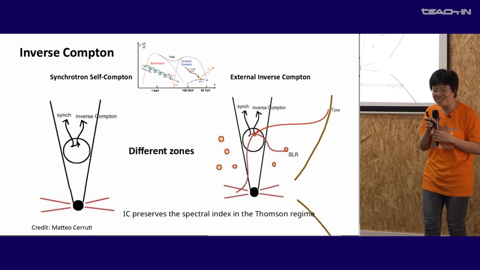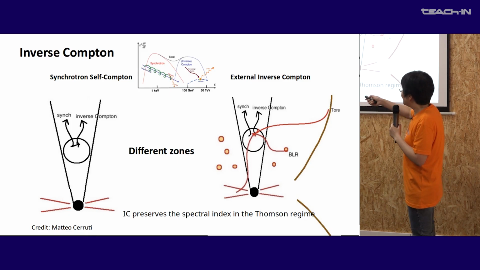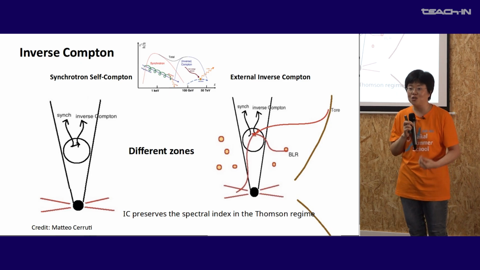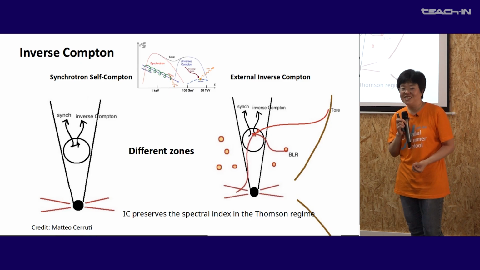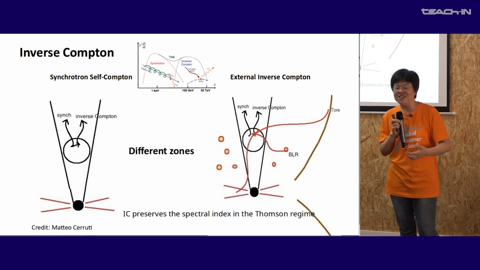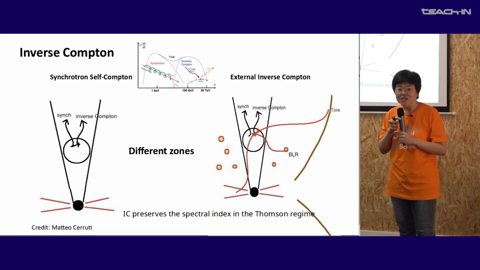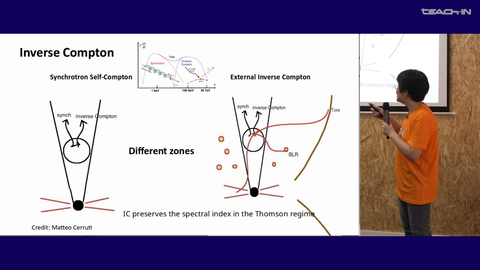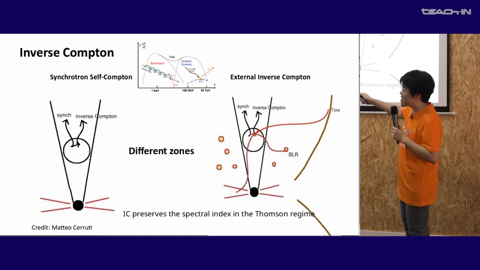We have the leptonic model. So for the inverse Compton, we know there are a few models, like the one-zone model or two-zone models, right? Maybe you guys know about that. The one-zone model is normally self-synchrotron Compton.